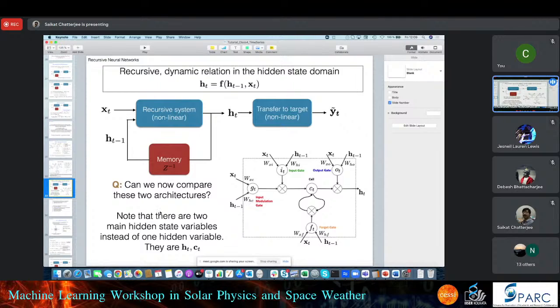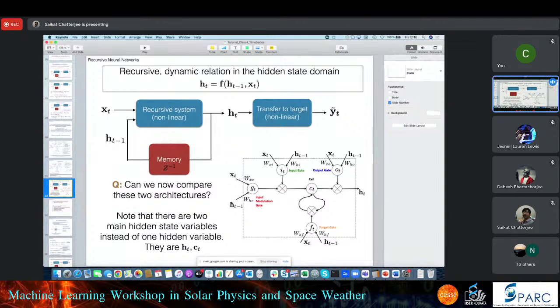So you see that? Can you now compare between these two architectures? I told you that there are two main hidden state variables instead of one in the LSTM architecture, because I have ht, one layer, and I also have ct, another layer. Because we had this ct equal to something multiplied by ct minus 1 plus something multiplied by gt, right?